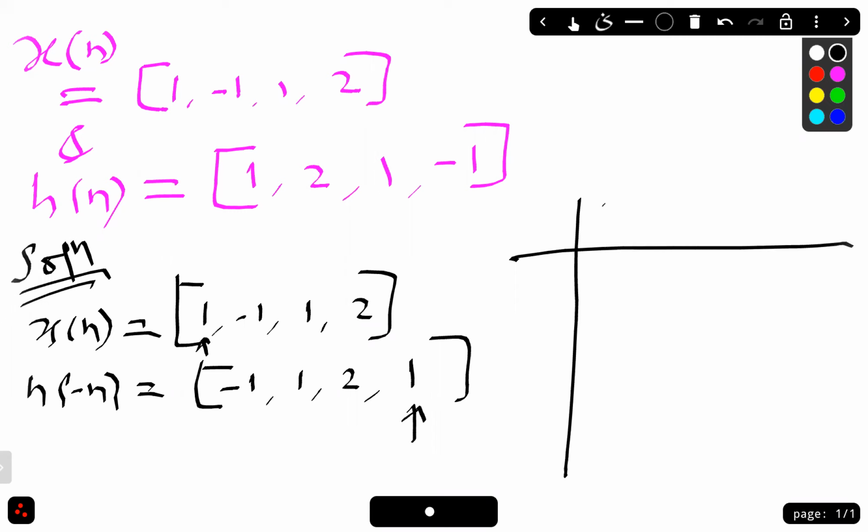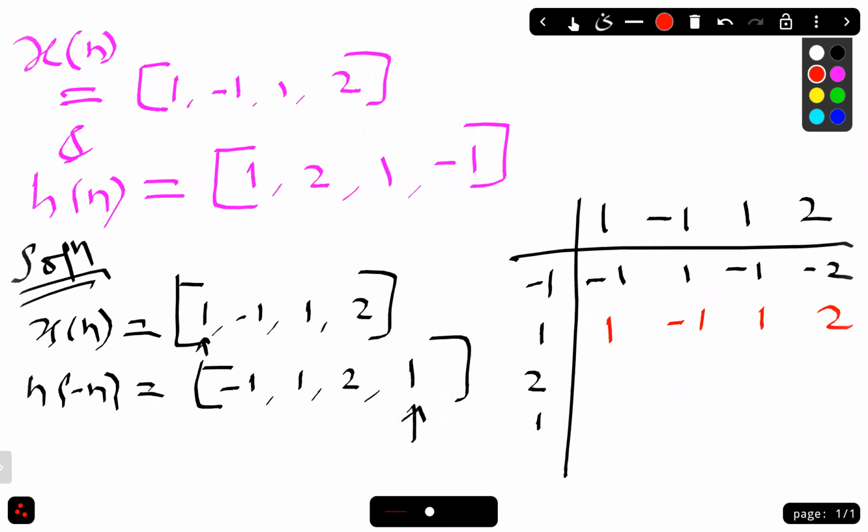Here x of n is 1, minus 1, 1 and 2. Then again this is minus 1, 1, 2, 1. So it is minus 1, 1, minus 1, minus 2. Then next is 1, minus 1, 1 and 2.